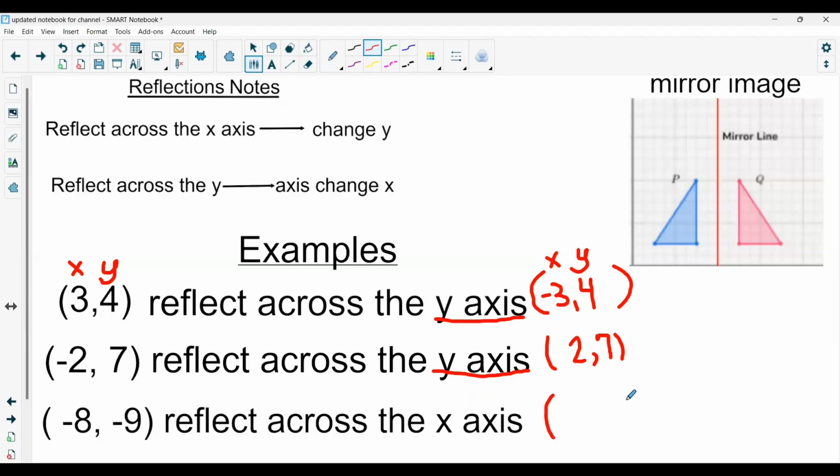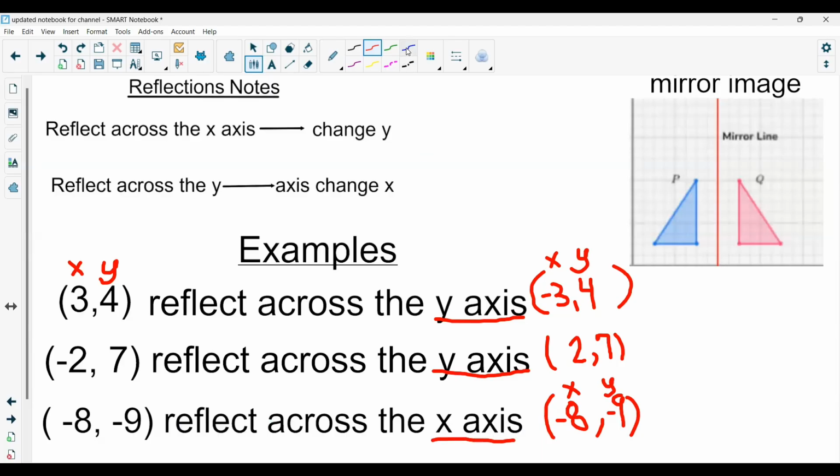So let's look at this one here. We have -8 and we have -9. I'm just going to write it out. Now, those of you who may not remember your X and Y, you can actually label it each time just so you know. Okay, your first number is always your X, the second number is always your Y. This time they want us to reflect across the X axis.